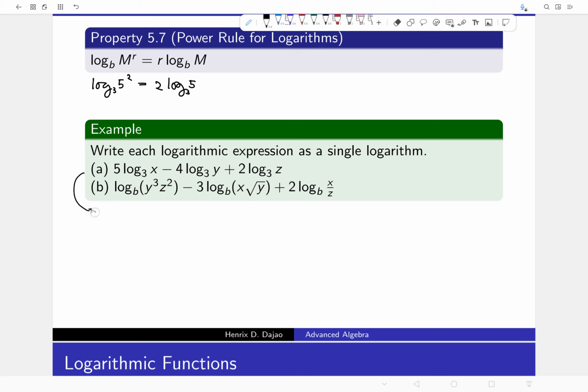So for A, we have 5, as you can see, we have this expression minus this one, 4 times the log of y base 3 plus 2 times the log of 3z. So our objective is to write this one in a single logarithmic expression.